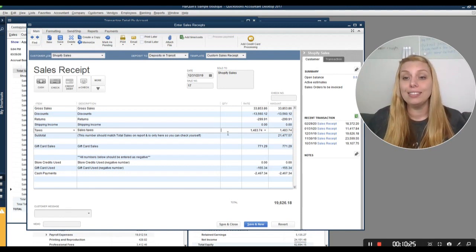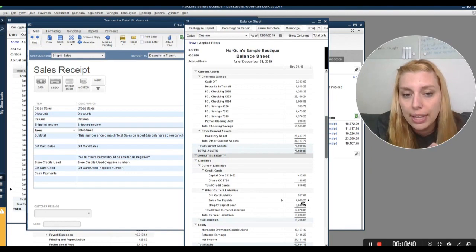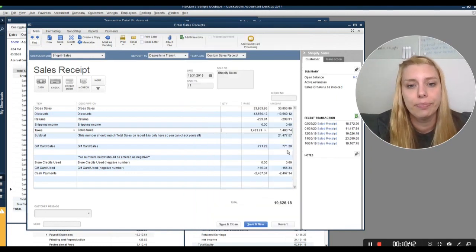So that's not your money. So this $1,400 is not this boutique's money. It's the state's money that you've collected on their behalf. So we want to get that on the balance sheet as a liability right here, and post it there and not to sales.